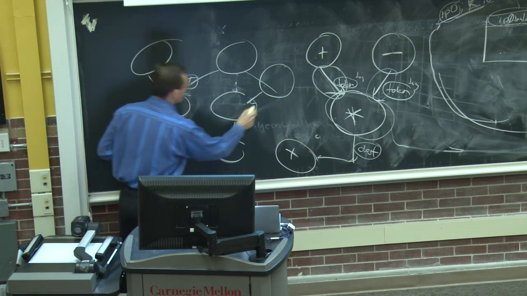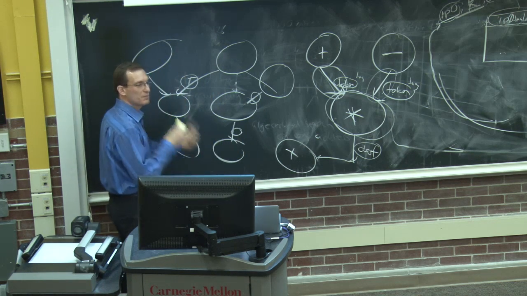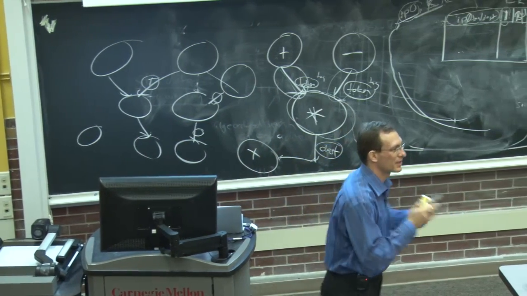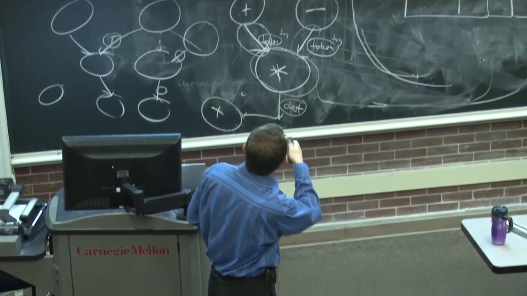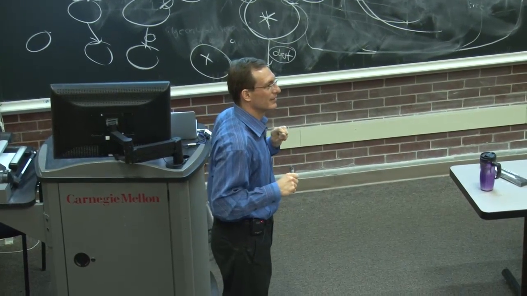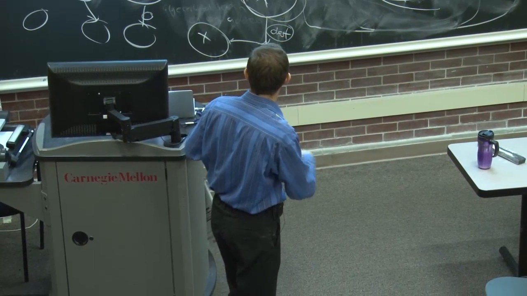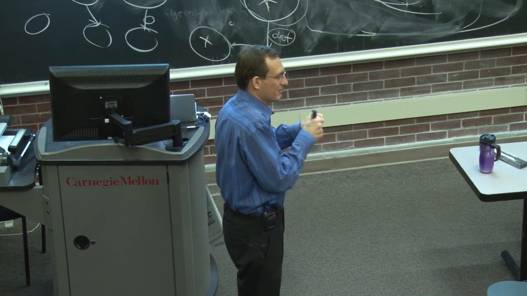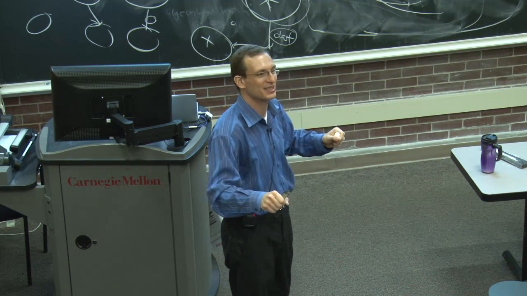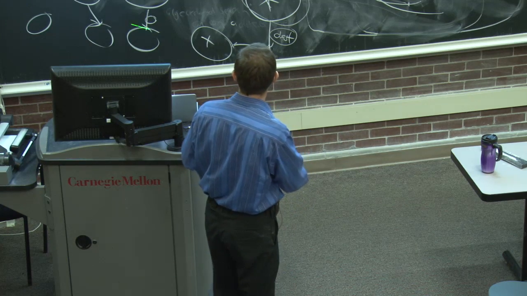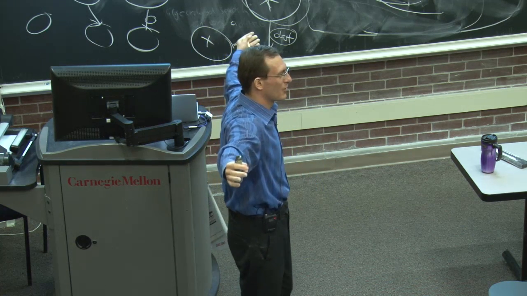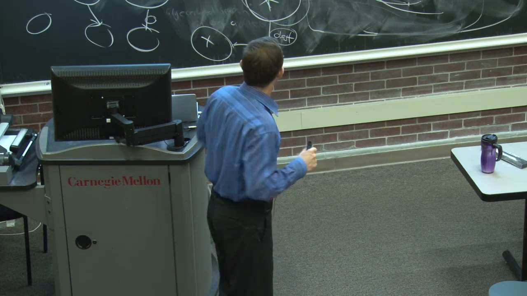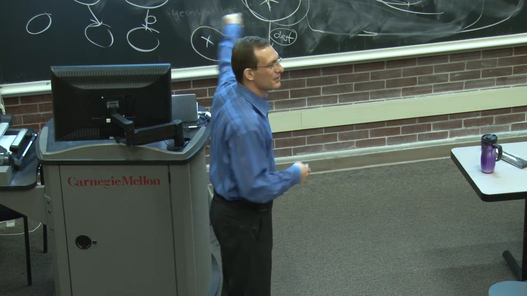But many of these tokens may be waiting for their corresponding tokens. Many of these instructions may be waiting for one of their source operands, which means that you need to have this matching area big. And since data flow has really no control over the size of the program, in a control flow machine, you're basically going through instruction by instruction. You know where you are. In a data flow machine, the program can be as big as you want it to be. So you may have actually millions of these nodes.